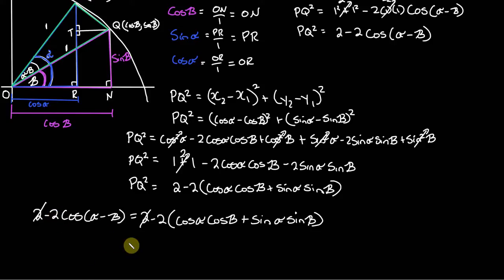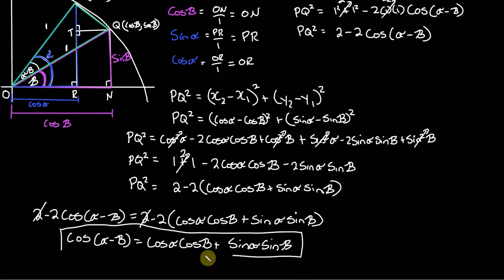So we end up with cos of alpha minus beta equals cos alpha cos beta plus sine alpha sine beta. And we've done it. We've just proven the difference identity: cos of alpha minus beta equals cos alpha cos beta plus sine alpha sine beta.